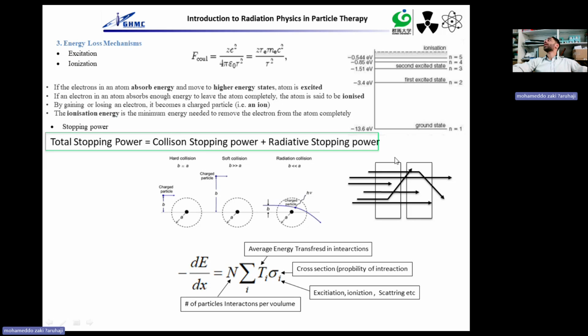Some materials can do it in, for example, 1 centimeter, enough to absorb 4 electrons. Other materials you need 5 centimeters to absorb 4 electrons.